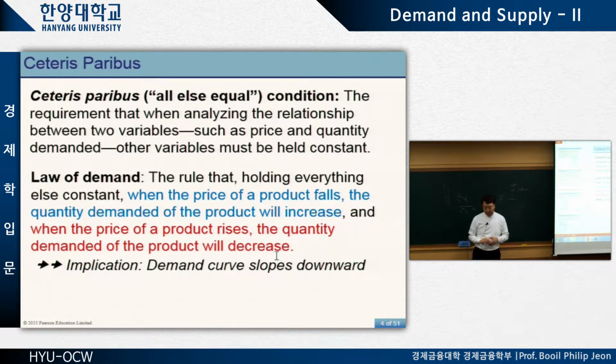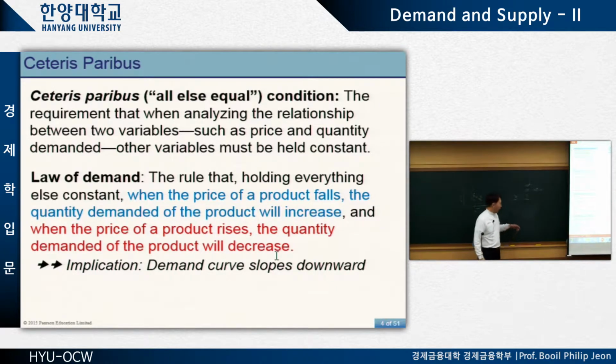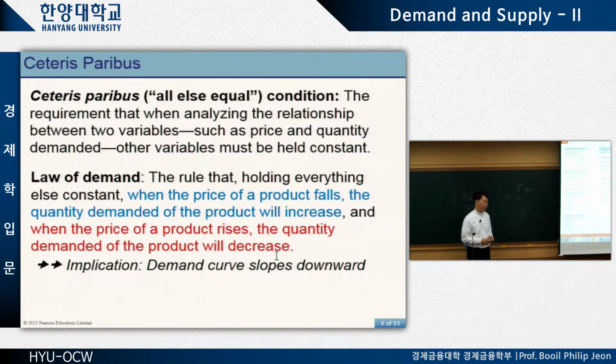In science, when you try to analyze the relationship between x and y, if you want to make a conclusion about the relation between x and y, you have to have this statement, ceteris paribus, before you make any conclusion, right? Think about it.